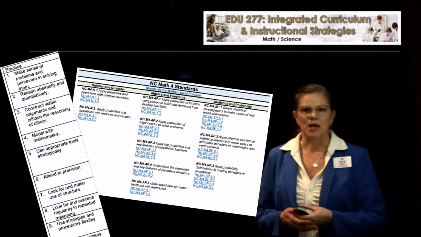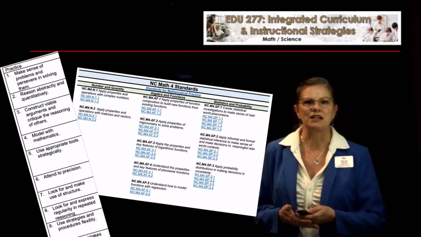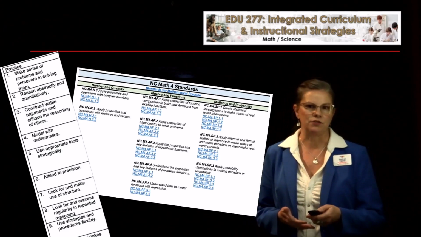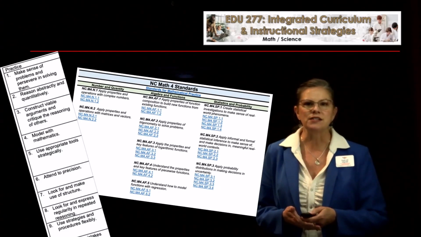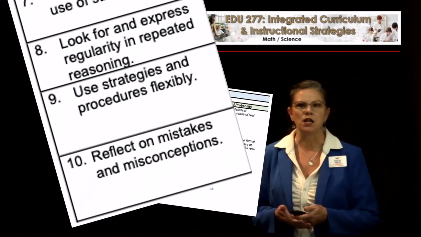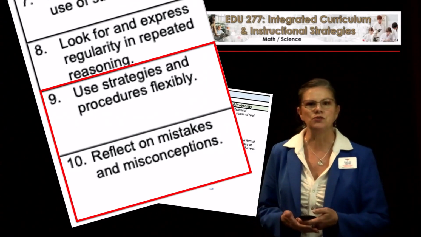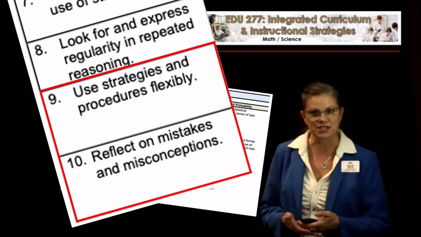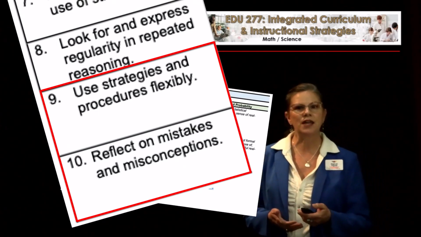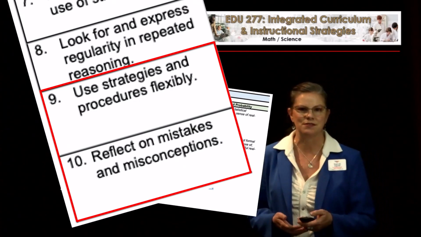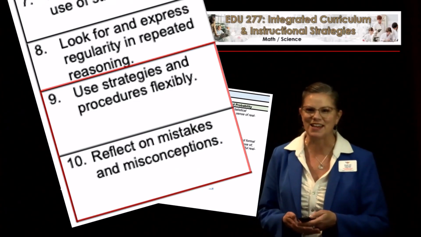The standards for mathematical practice remain constant throughout all of the grade levels. However, notice in High School Math 4, 2 standards for mathematical practices have been added: use strategies and procedures flexibly, and reflect on mistakes and misconceptions. Yes, we do learn from our mistakes.